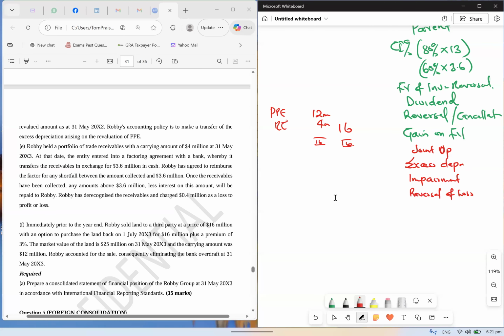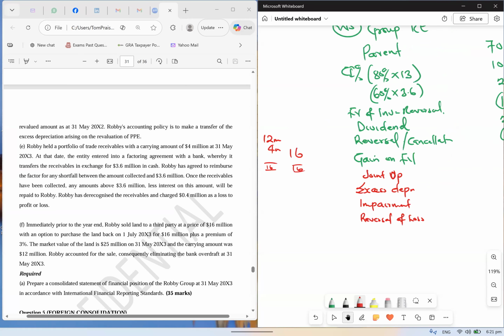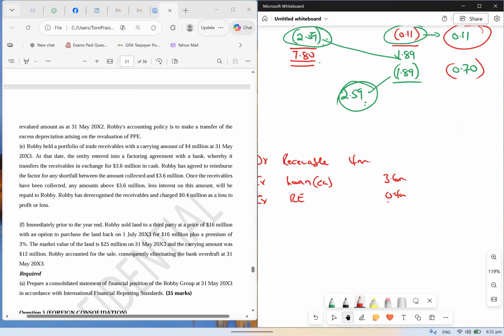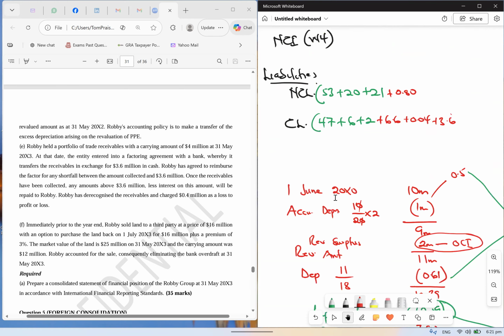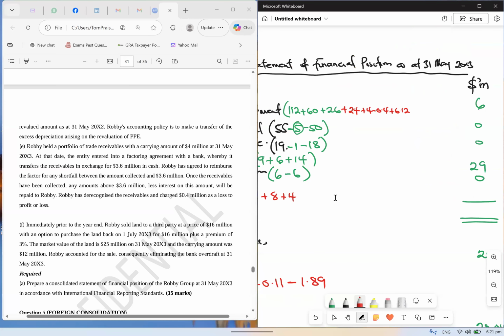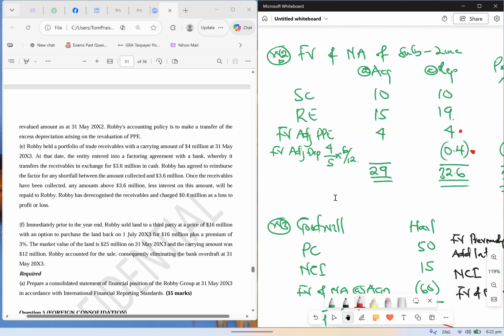So this one too, we need to add 12 to our PPE, 12 to our PPE. So where is our PPE? 12. We didn't bring the impairment on the impairment we shared. The impairment was on the asset, right? How much was the impairment before?